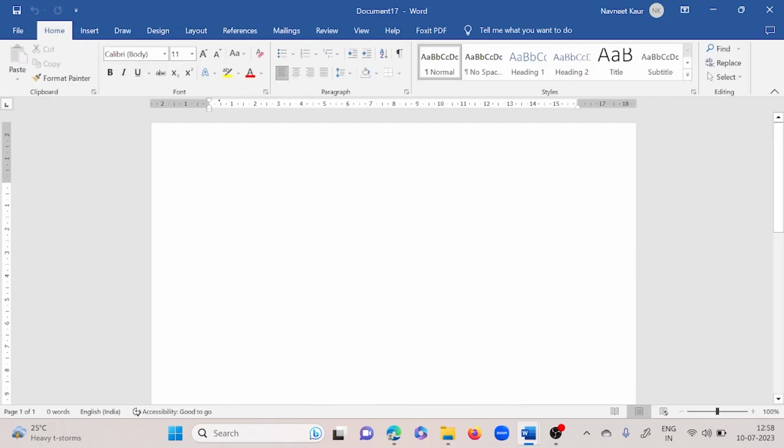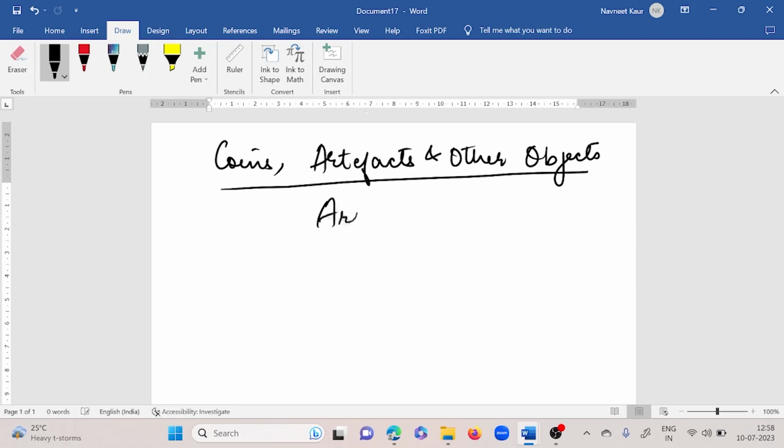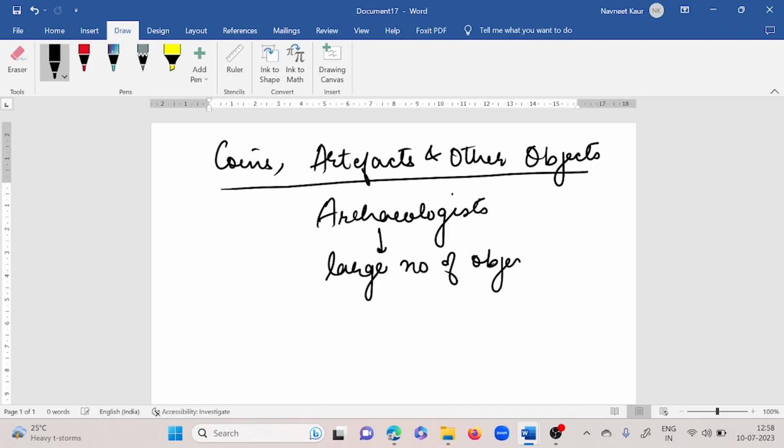Now let's come to coins, artifacts, and other objects. Archaeologists found a large number of objects. Which type of objects did they find?